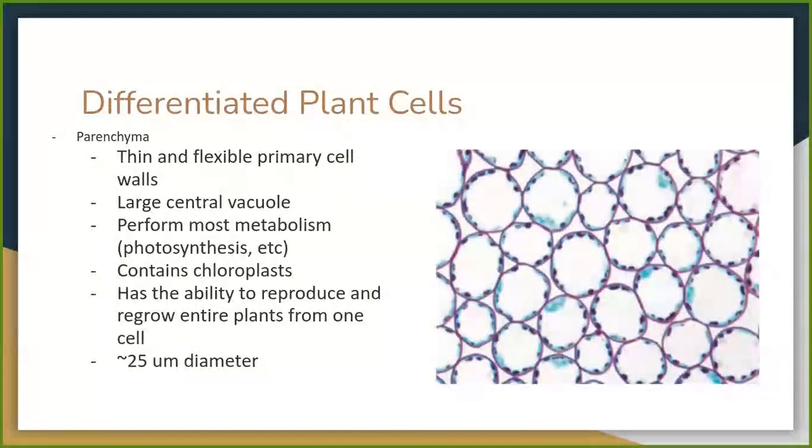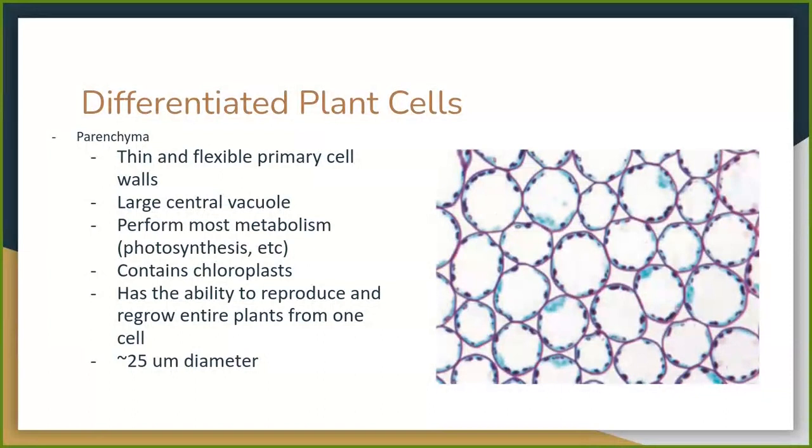They perform most of the metabolizing within the plant, and that includes synthesis and storage of the organic materials that a plant would need. For example, photosynthesis occurs within chloroplasts of parenchymal cells in the leaf. That's the structures that we were looking at earlier.